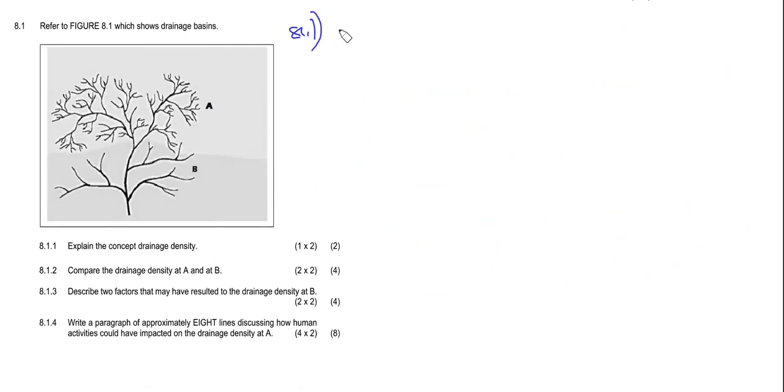Remember what we said: this is the number of streams per unit area, the number of streams in a drainage basin. So this is your drainage density.